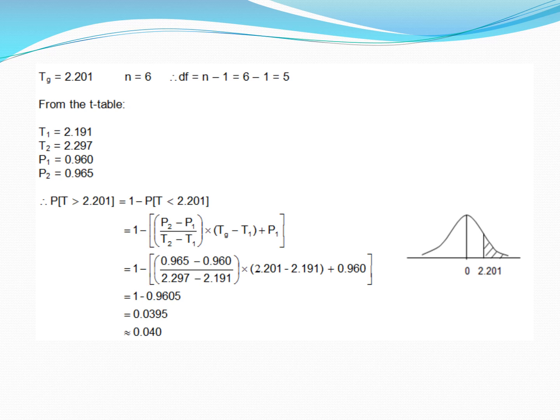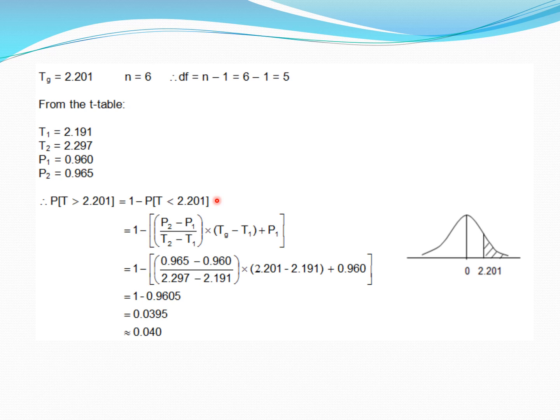Like in the previous example, I again asked for the probability that t will be greater than a tg value. So we are looking for the area to the right of that value in our t table. We only have the values to the left hand side, but the area under the curve is 1, so 1 minus this probability that I can find will give us the probability to the right.